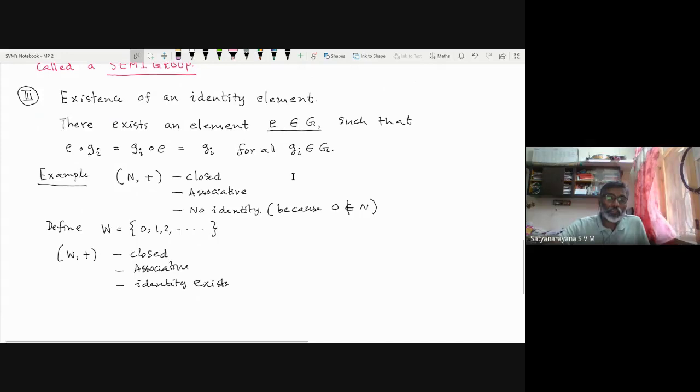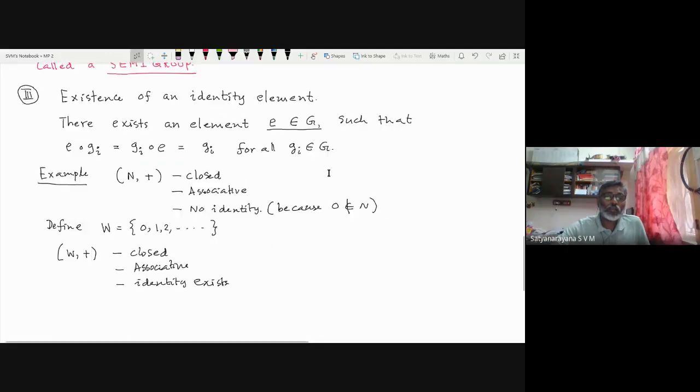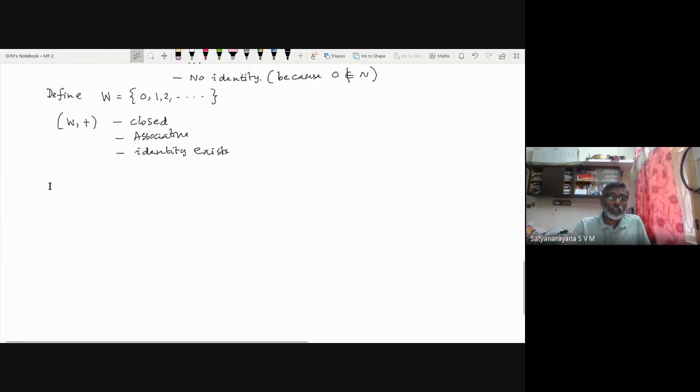And so at this level, let me say that a semigroup, what do we mean by a semigroup? The one which is closed and which has associative property.